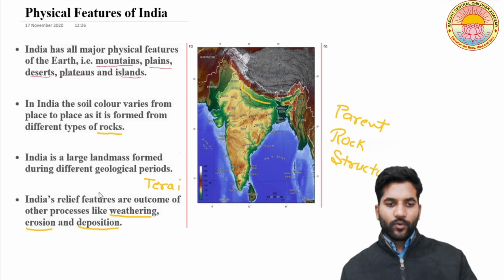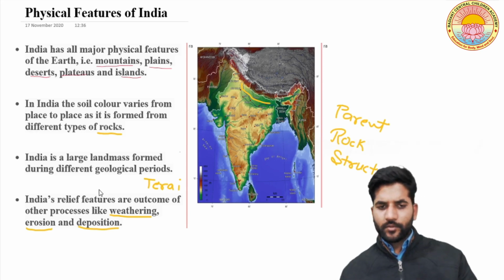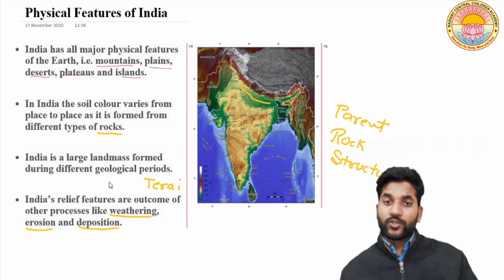And once you gradually move towards the plain area, you will find very fine soil, very minute particles of soil. So how these things vary, or why this happens, is because of factors like weathering, erosion, deposition, and all these things.